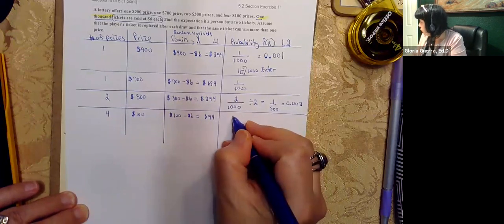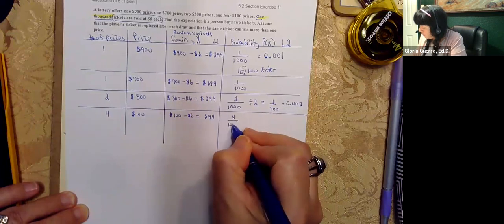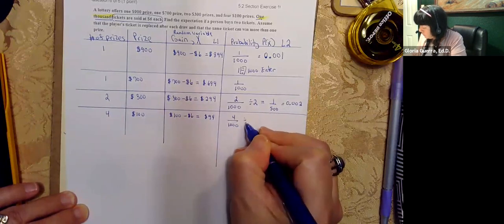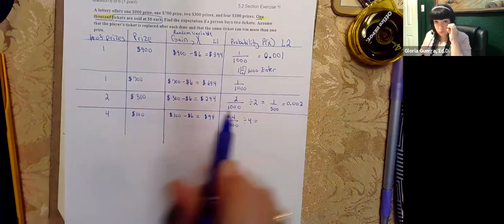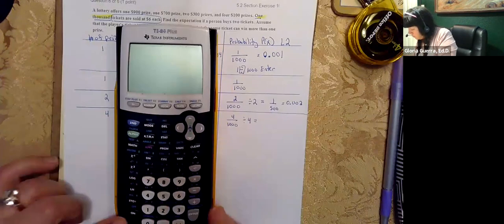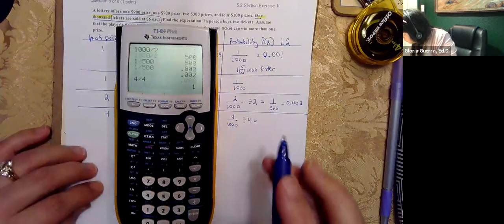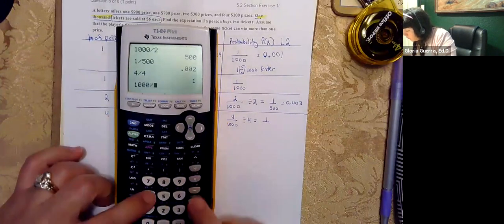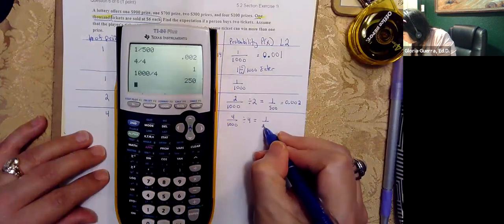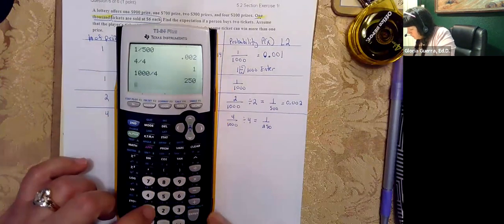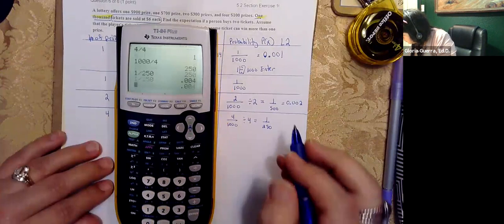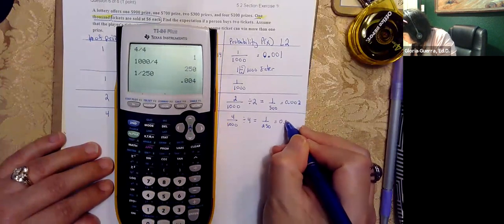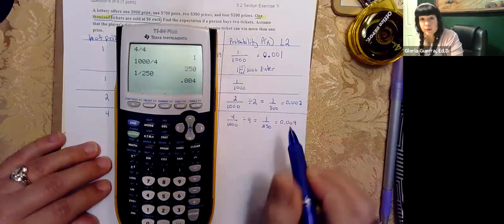So this is 4 over 1,000. And if I reduce that, 4 divided by 4 is 1, and 1,000 divided by 4 is 250. And 1 divided by 250 is 0.004.